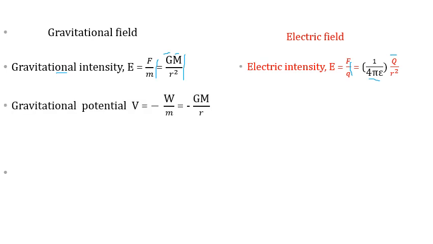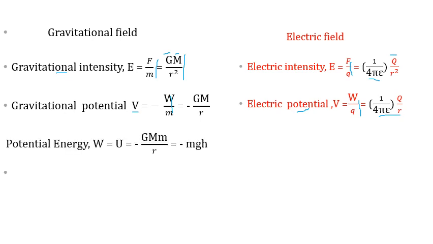Further, gravitational potential is work done per unit mass. What will it be in the electric field? Electric potential, work done per unit charge. And again you can write down a formula very similar to the previous one. Similarly, gravitational potential energy is work done, which is minus GMm upon r or minus mgh. Electric potential energy is again work done.